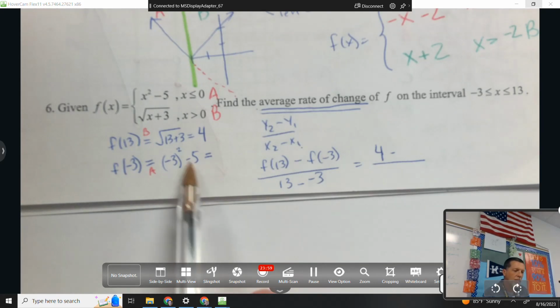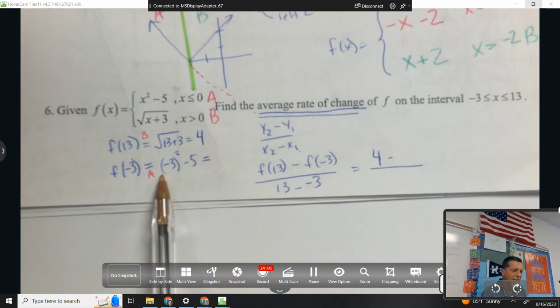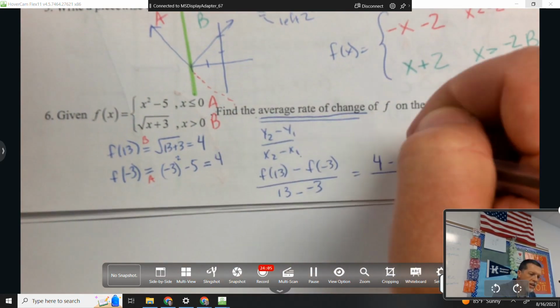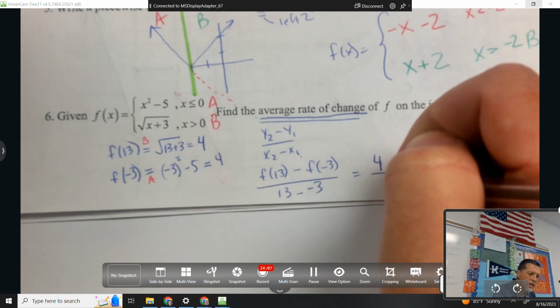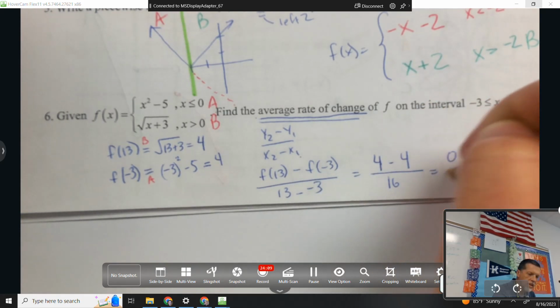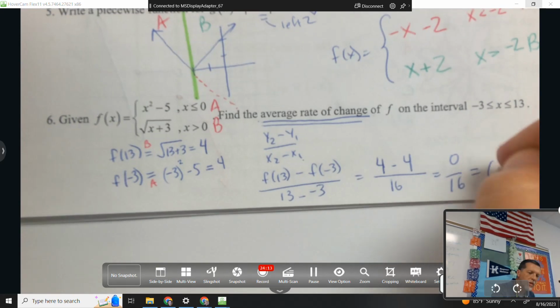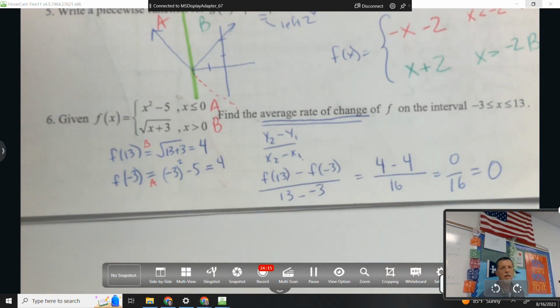If I square -3, I get 9. 9 minus 5 is 4. Zero over 16 would just be 0. Average rate of change is 0.